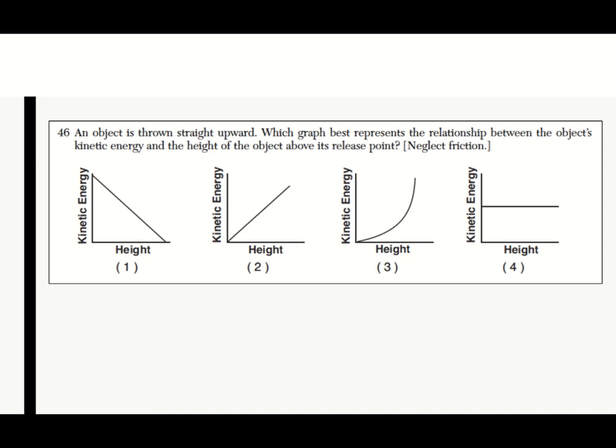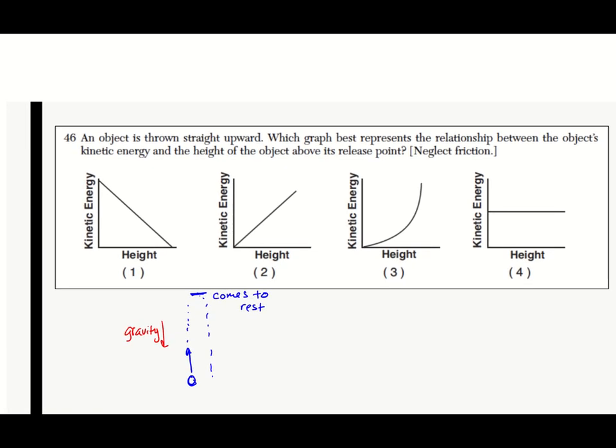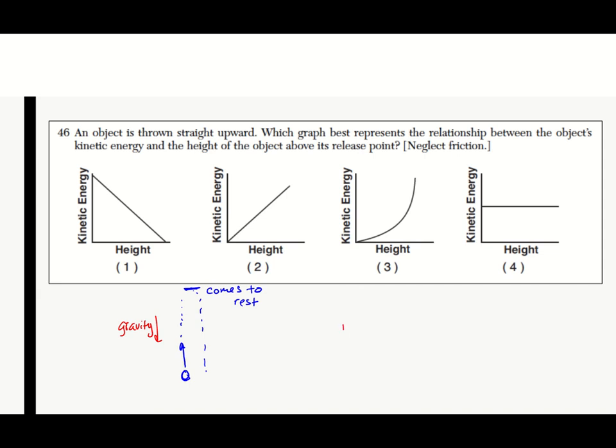Gravity is going to pull you downward as you go up, so it's going to slow down. So we can gather that as height increases, kinetic energy decreases. And there's only one choice that shows that inverse relationship, and that's choice 1.